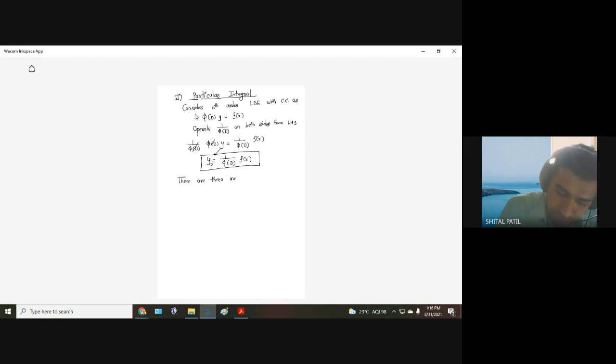Now we're done. There are three methods to find PI. What is PI? Mention it here. Particular integral, or we may write just PI. Instead of writing y of p, if you're writing PI, that is okay.